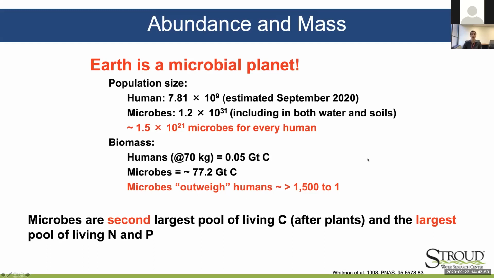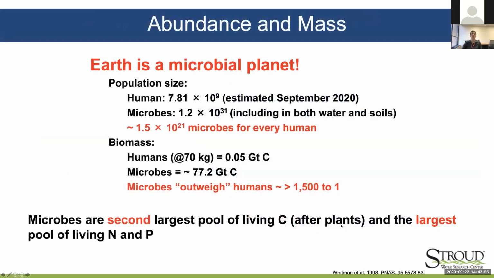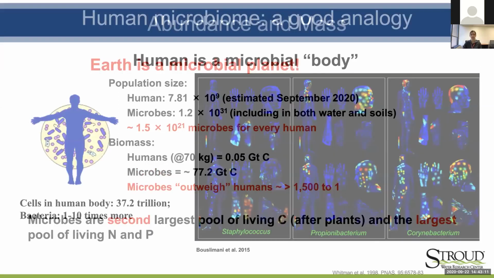So it's quite a number and mass of microorganisms. And that all adds up to show that microbes are the 2nd largest pool of living carbon after plants, and the largest pool of nitrogen and phosphorus. And if you recall, the carbon, nitrogen, and phosphorus are the most important elements for life.